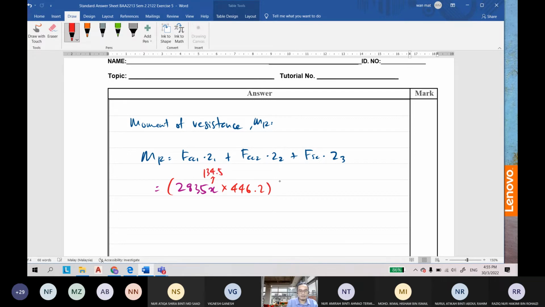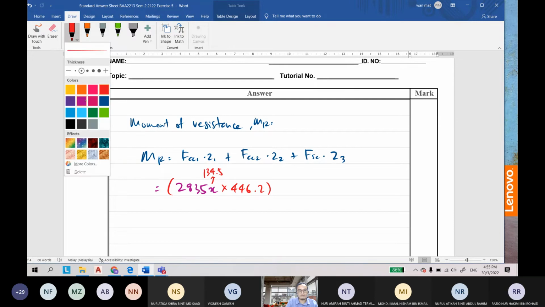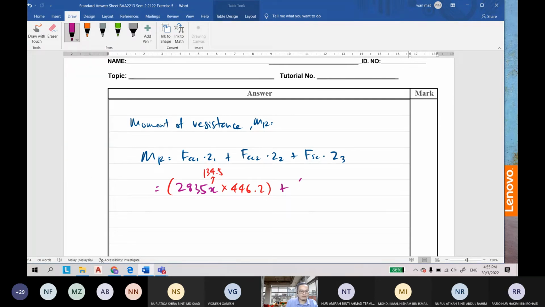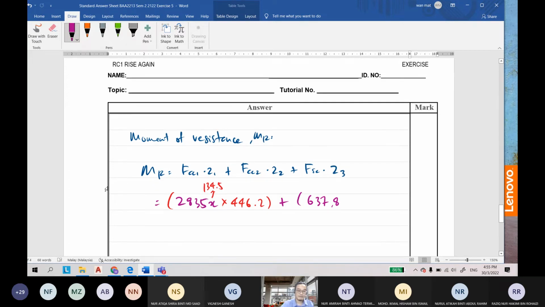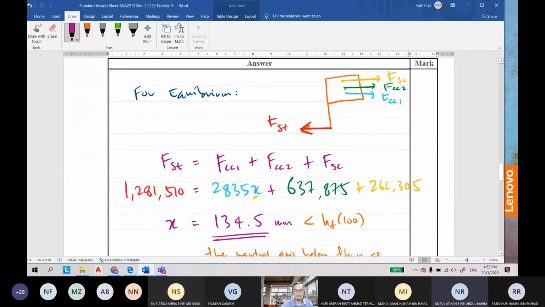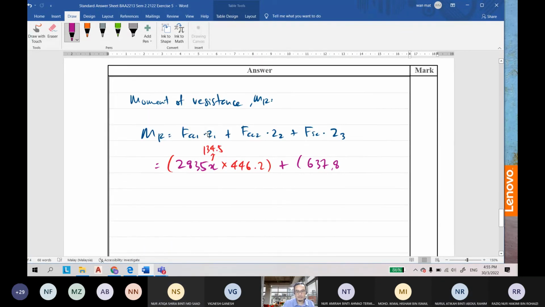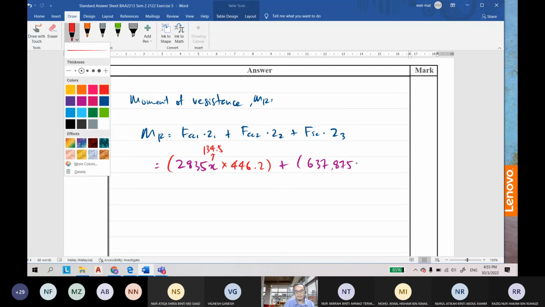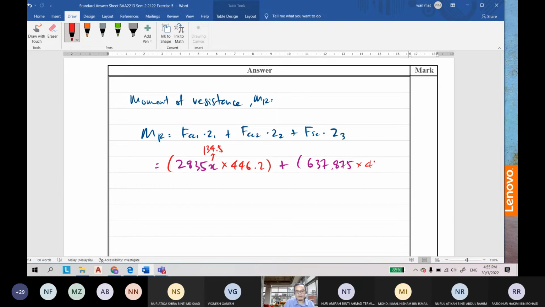Plus FCC2, 637.875, multiplied with Z2, which is 450.